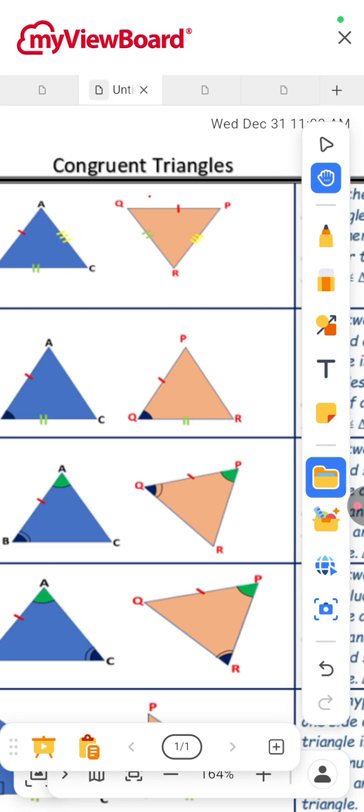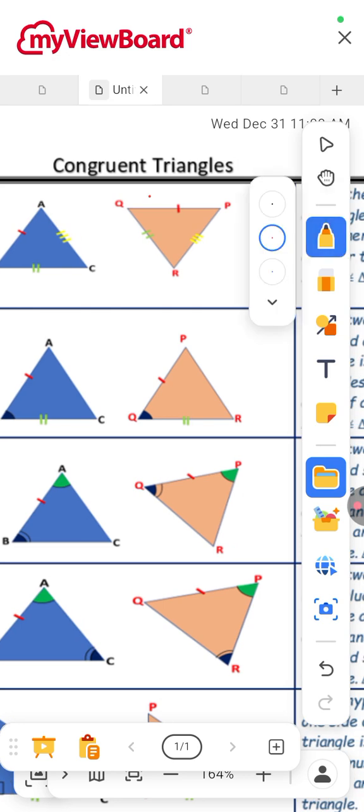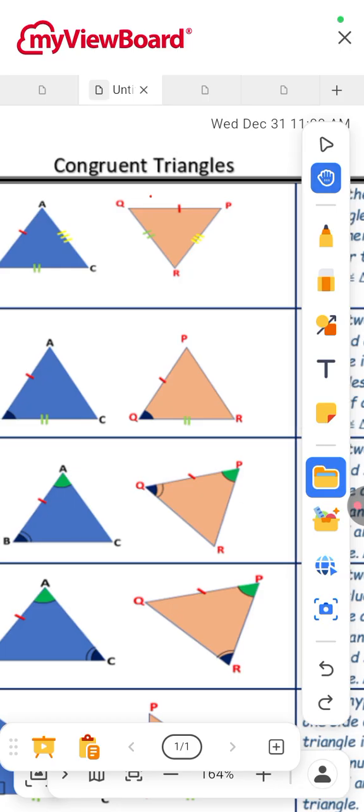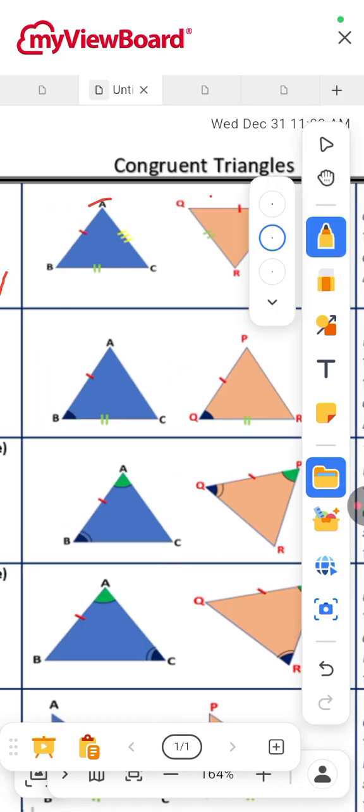But if I look at the triangle QPR, I'll see that QP also got stroked once, just like AB here. So what's that telling us?